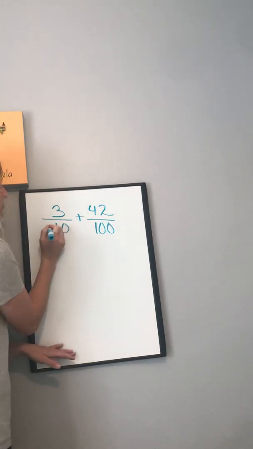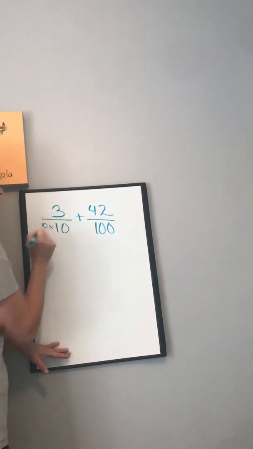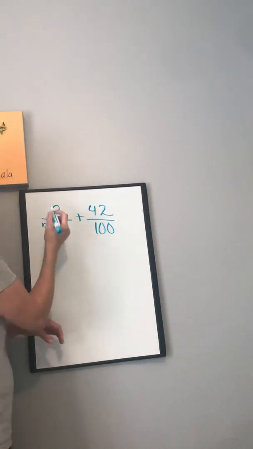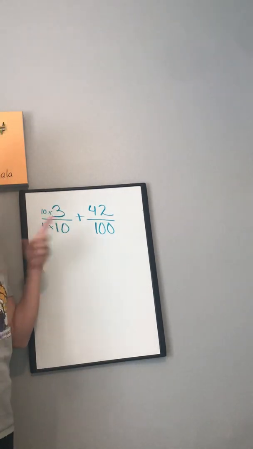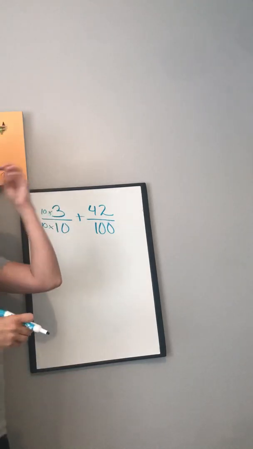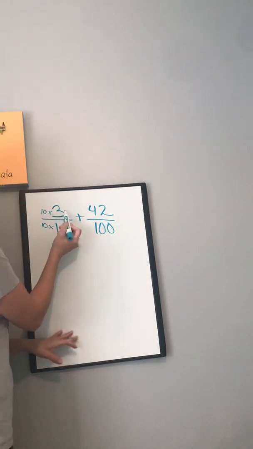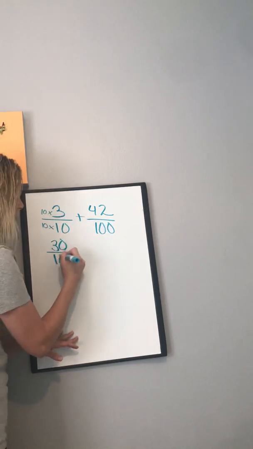So I can multiply 10 times 10 to get a denominator of 100. I can then multiply 3 times 10, because whatever you do to the bottom, you do to the top. Remember, we're multiplying by a whole, so it's got to be 10 over 10, okay? So 3 times 10 is 30, and 10 times 10 is 100.